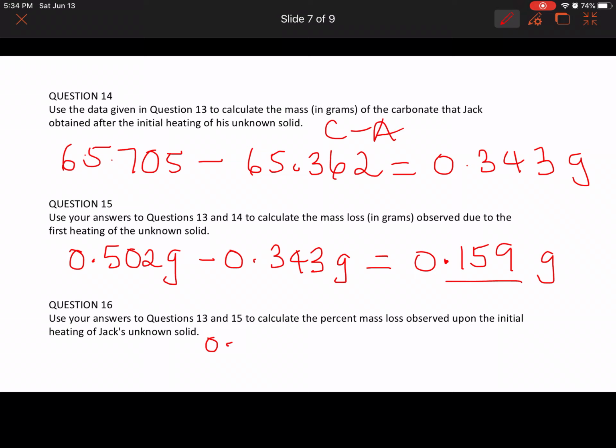So you take 0.159 grams and divide by the initial solid, which was 0.502, and then you multiply by 100. So 0.159 divided by 0.502 times 100. That is 31.67.